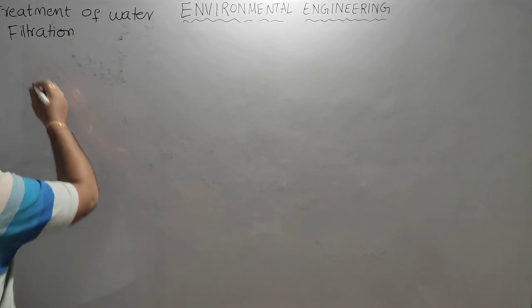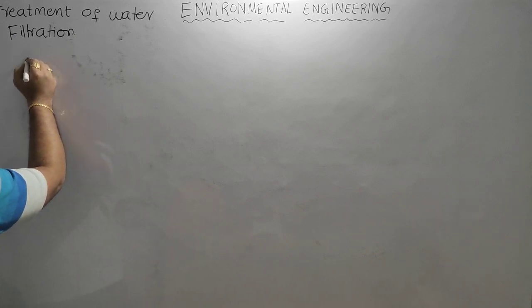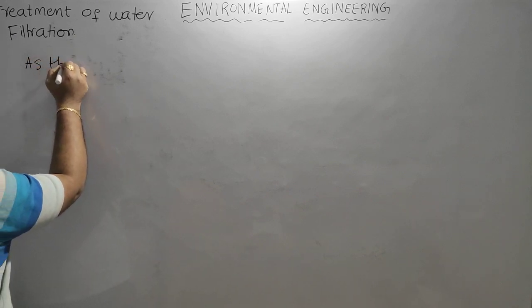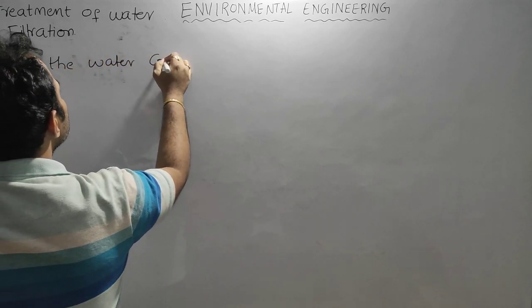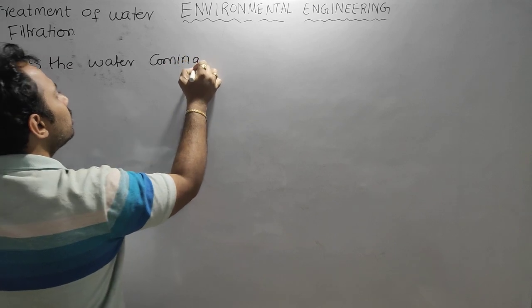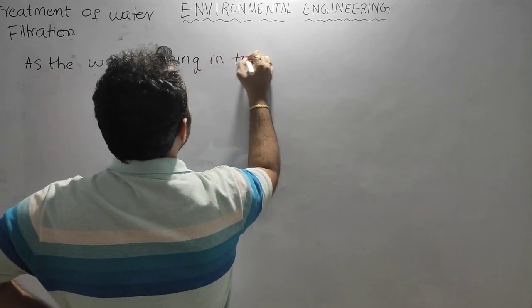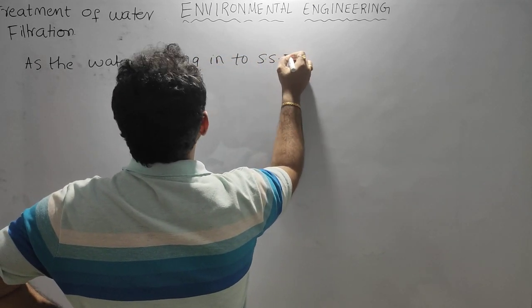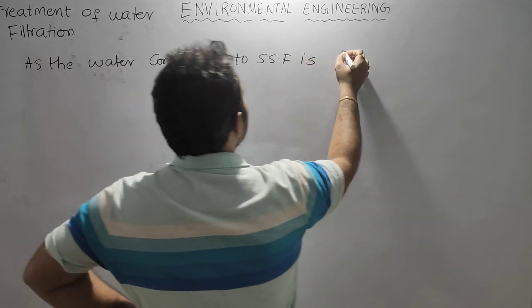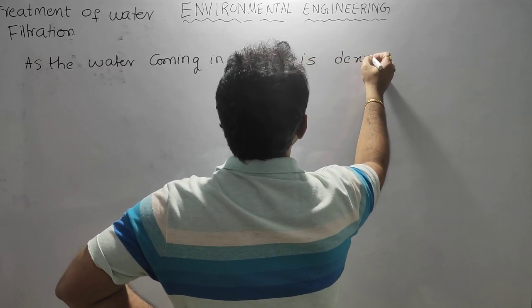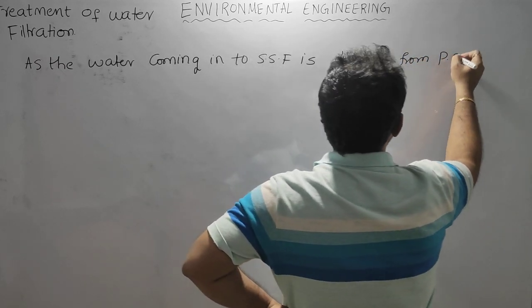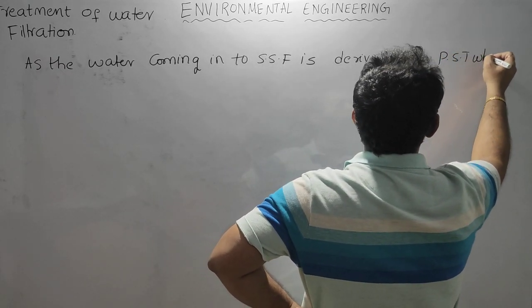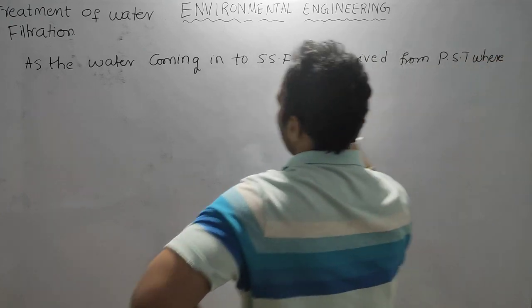So the reason: the water coming into the slow sand filter is derived from the primary sedimentation tank, where coagulant is absent.